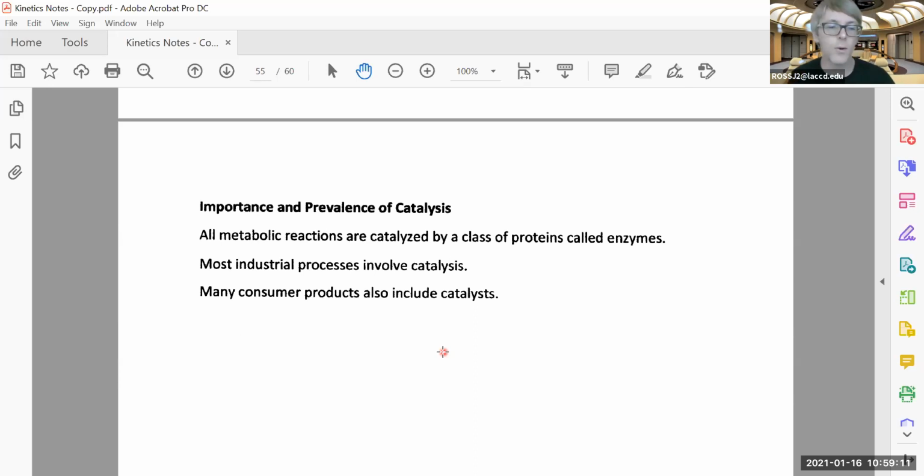Stemming from what we said about the Michaelis-Menten mechanism, which governs the vast majority of catalytic pathways in biology and biochemistry, I can't think of any examples that are not. So I would confidently say that all metabolic processes are catalyzed, and the vast majority of industrial processes are catalyzed also.